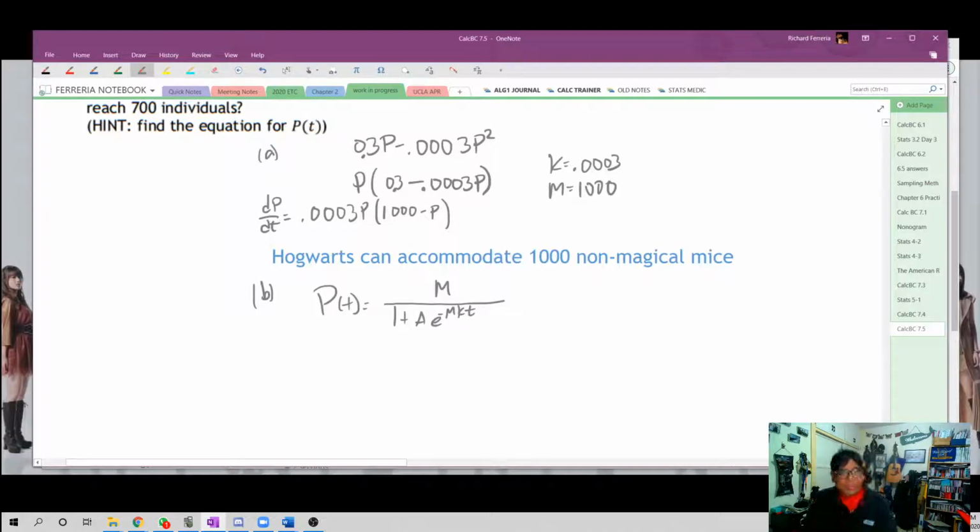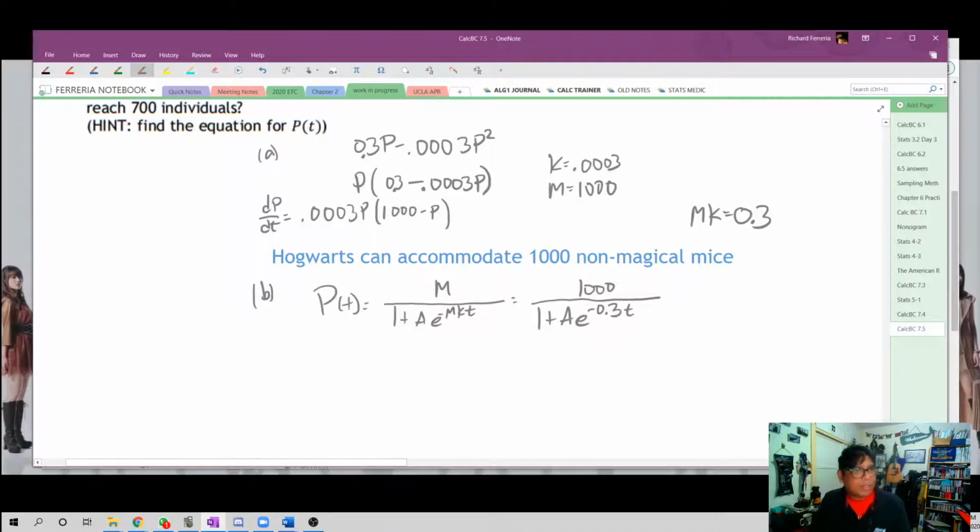So let's substitute the things that we know. M is 1000 over 1 plus A e to the negative Mkt. So negative M times k is 0.3 t. Sorry, 0.3. All right, so we have that.